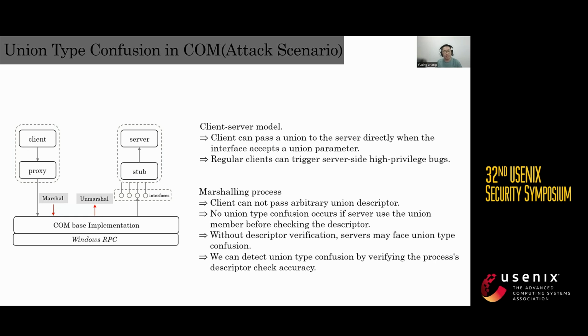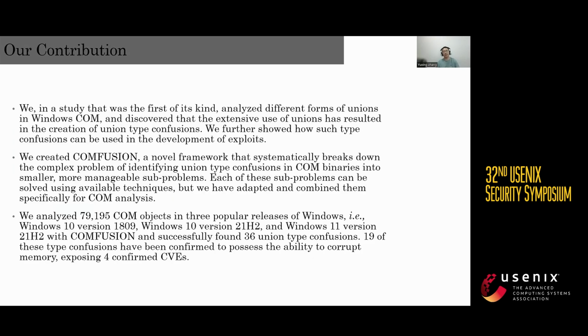Therefore, if the server unmarshals the unit member before checking the descriptor, no unit type confusion occurs. Conversely, if descriptor verification is bypassed, the server could encounter unit type confusion. And taking a step further, we can detect unit type confusions by verifying whether the server has checked the descriptor properly.